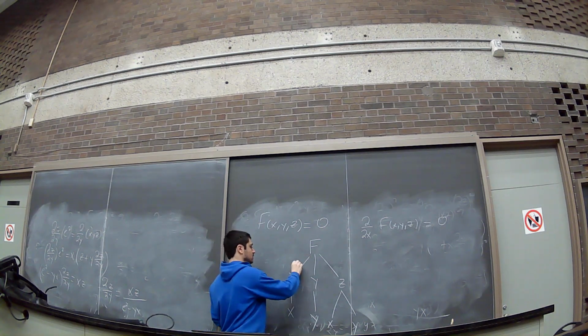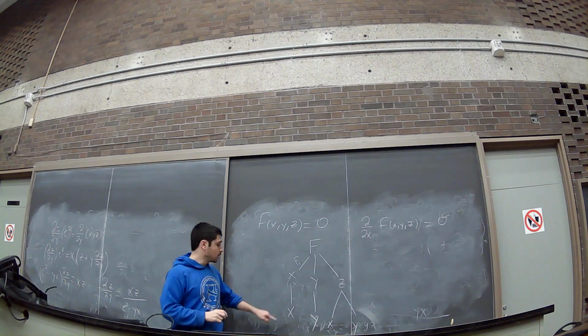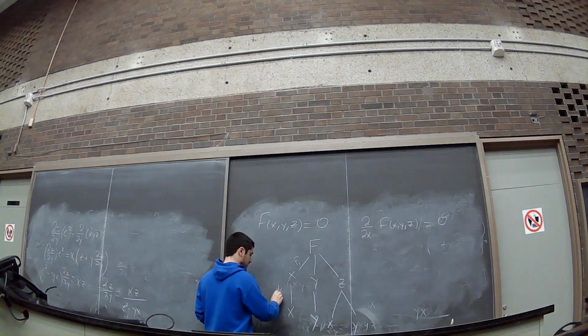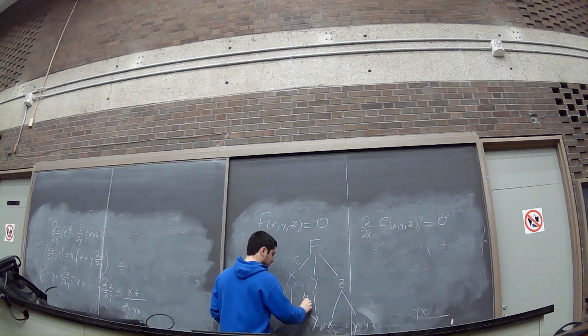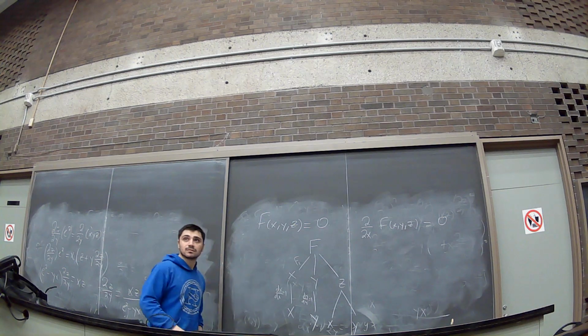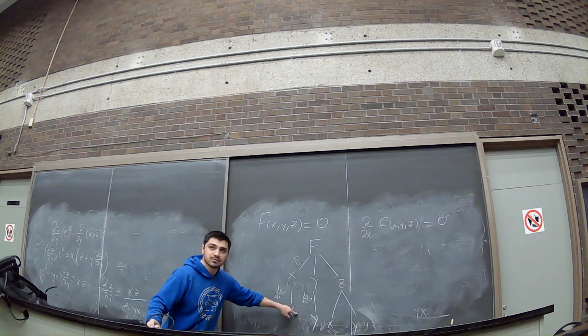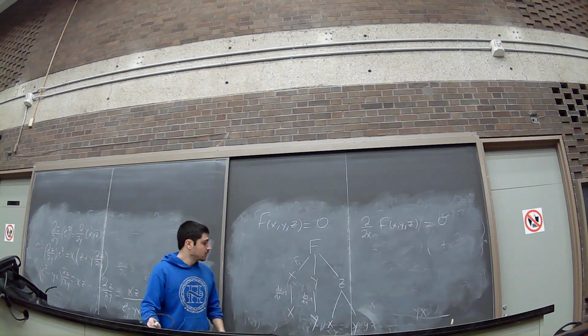Derivative of f with respect to the first argument. Agree? What is dx by dx? dx by dx here is 1. What is dy by dx? It is 0. Okay? I mean, you can still put an x, y here, but the other branch will be 0. Is that clear? Great.